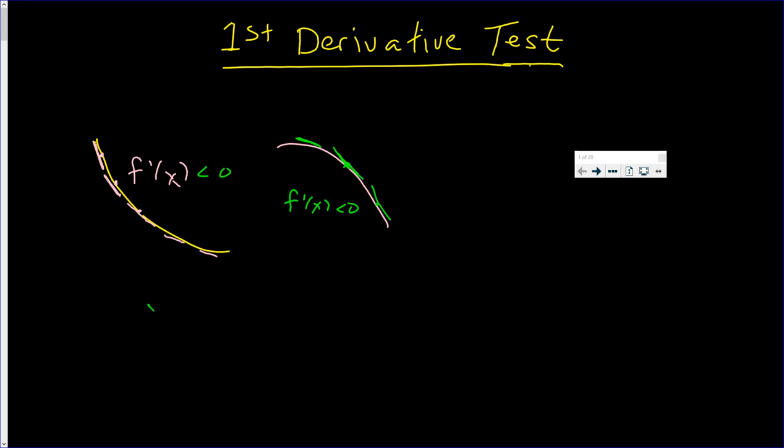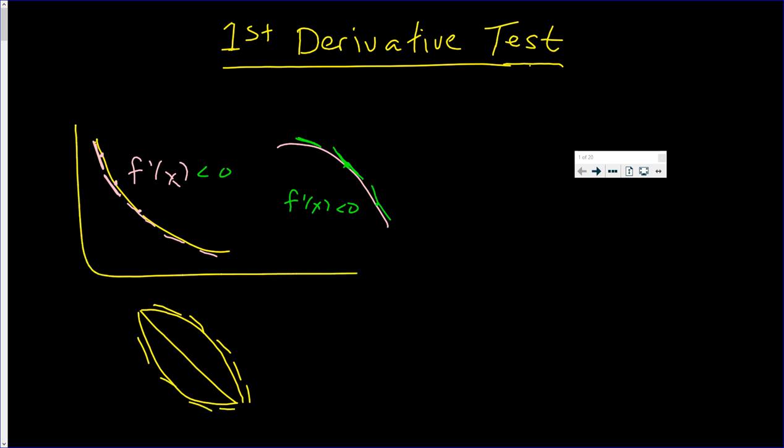Note that a line with negative slope has a negative slope everywhere. On this curve all the tangent lines are negative, and over here they are negative too. This is just the same picture as up here.